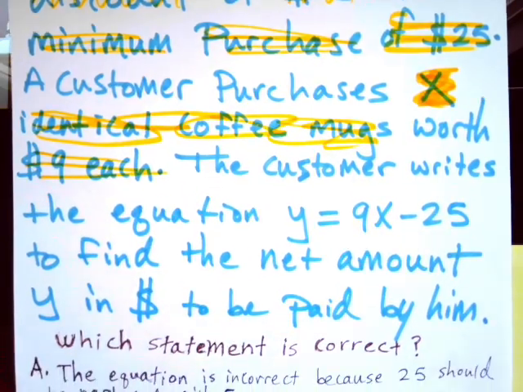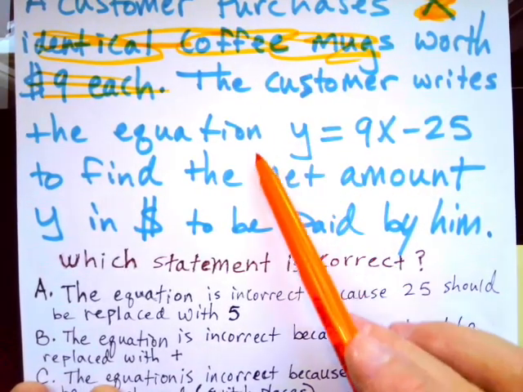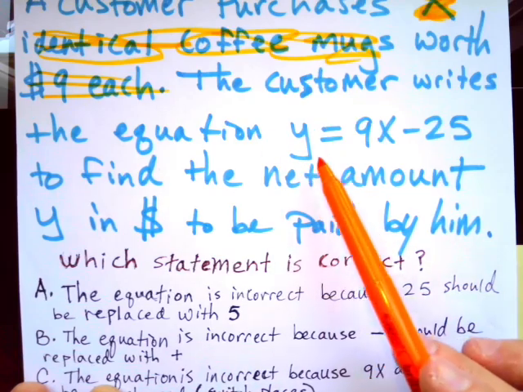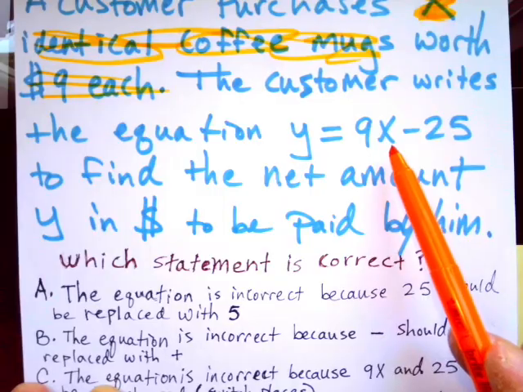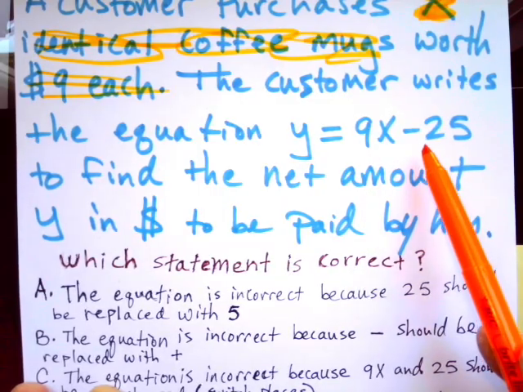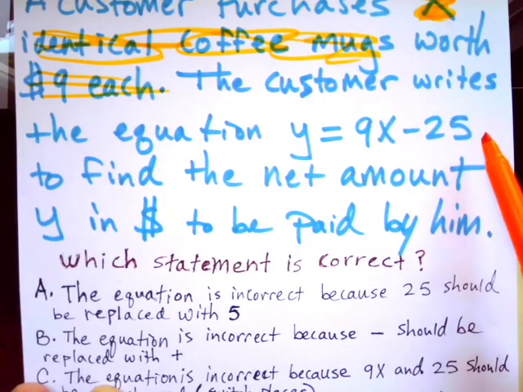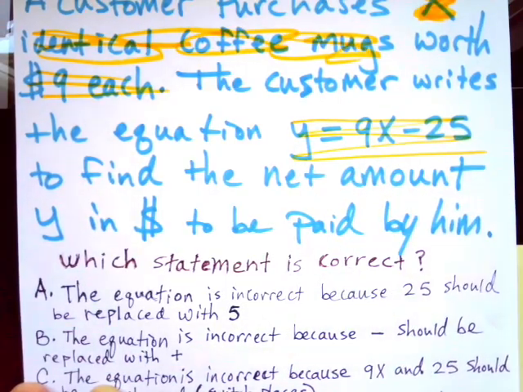Okay, so the customer is going to write the equation: total money spent, y, equals $9 times x, which represents the number of coffee mugs, minus the $25, which represents a minimum purchase, right? So we need to understand there's an equation here.